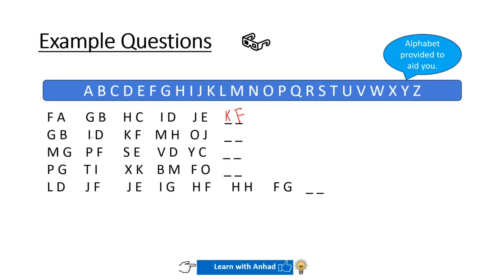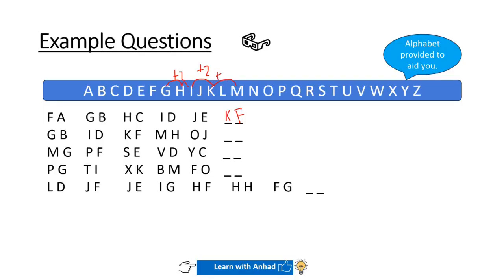So G to I. Now as you can see, it's not +1 like last time. This time it's +2. And then it's I to K, which is another +2. Then K to M, which is of course another +2.